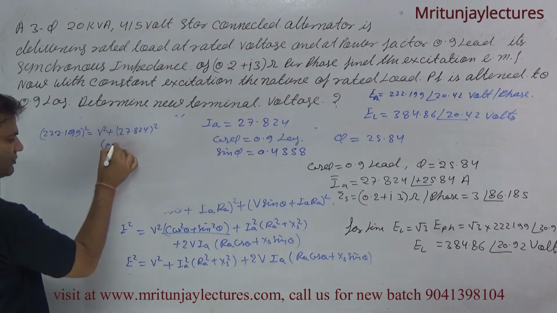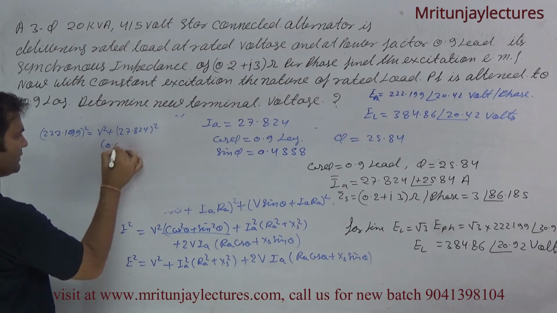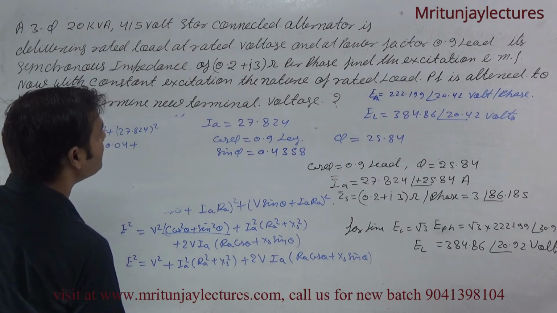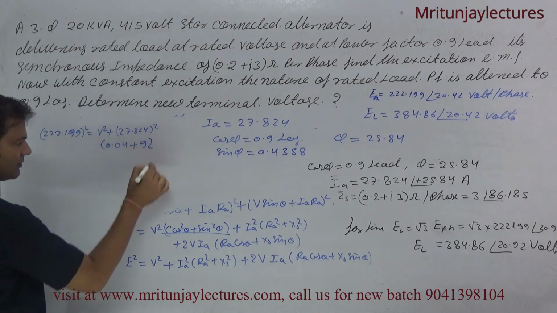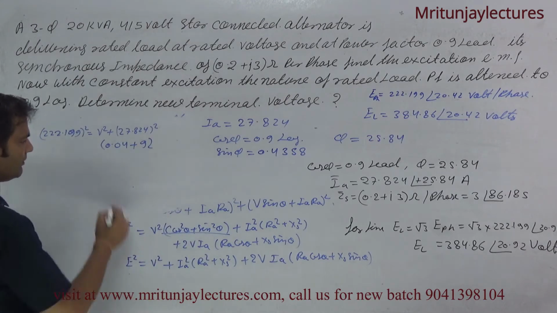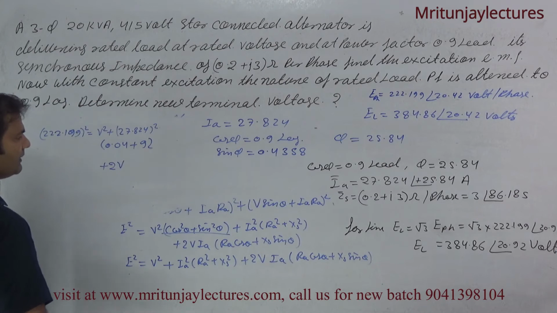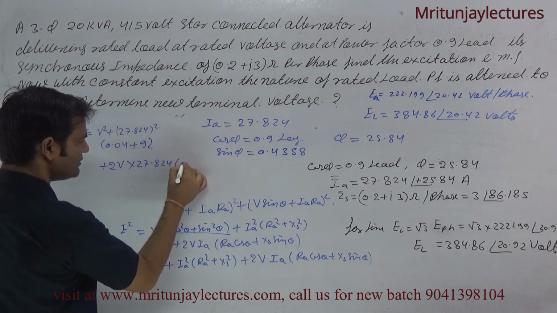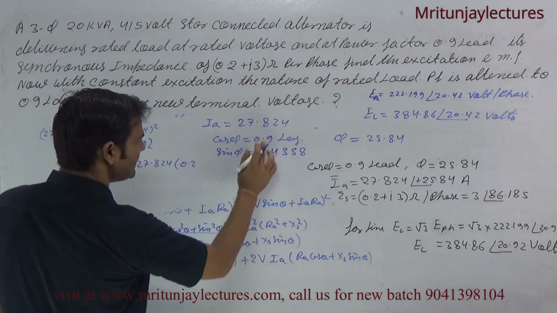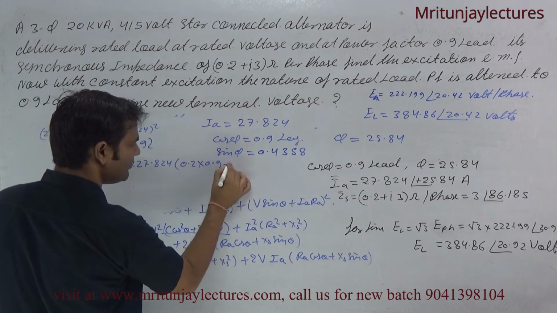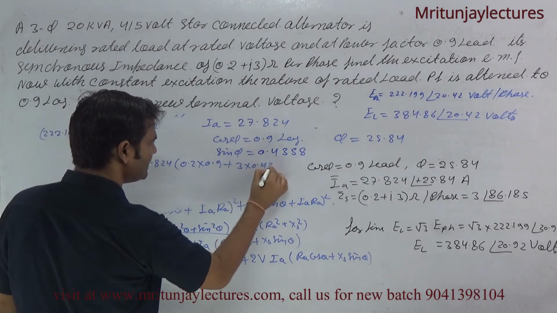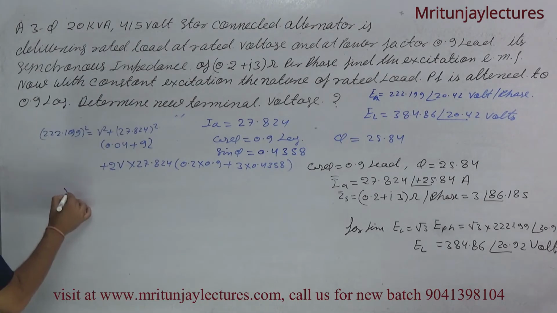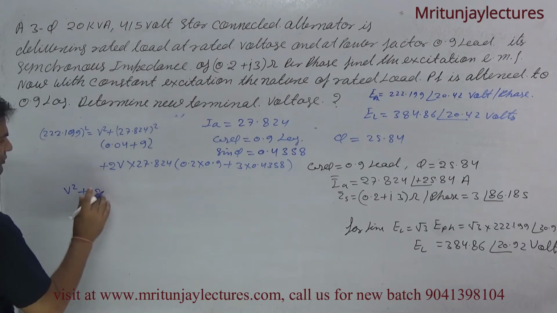Ra is 0.2, so the square is 0.04, plus Xs square, that is 3, so 9, plus 2 times V, Ia is 27.824, and Ra is 0.2, cos phi is 0.9, plus 3 into 0.4358. Okay, clear?